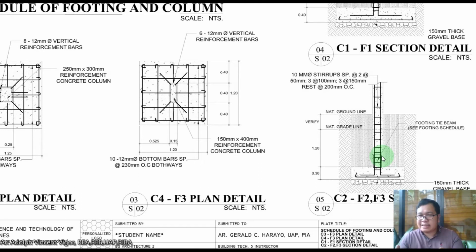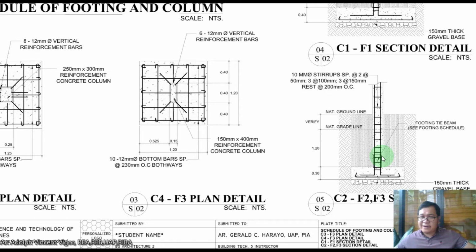There's a tendency, class, that if you don't place a tie beam and there's a movement in the ground, what if one of the columns goes down due to the soil, then the entire system will be affected just because of that movement.